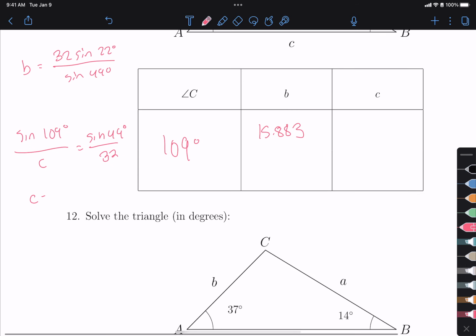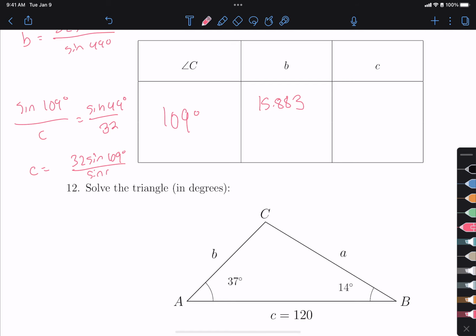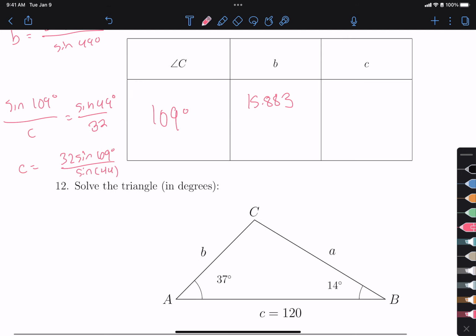Solving for C, we get C is equal to 32 sine of 109 degrees divided by sine of 44. So when we plug that in our calculator, 32 sine 109 divided by sine 44, again making sure your calculator's in degree mode, we get that C is 43.556.